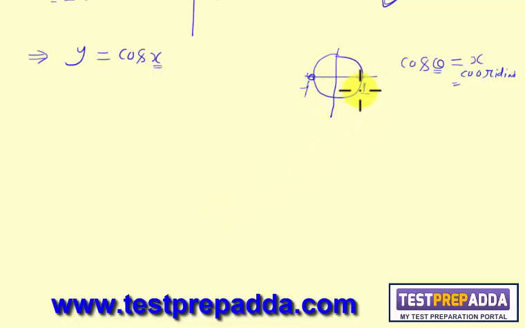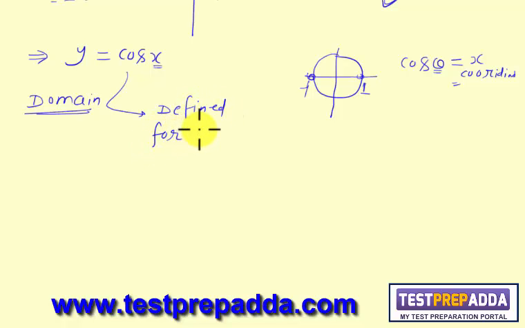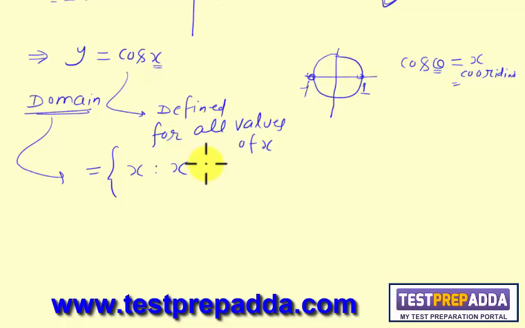So, it is defined for all values. If I say domain, then you will say it is defined for all values of x. So domain, if I write, it will be x, where x belongs to R. Okay.